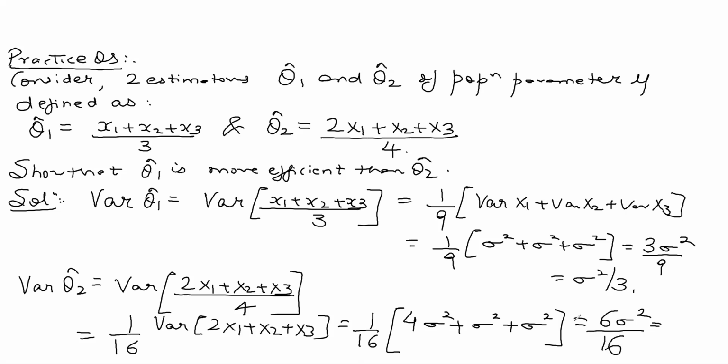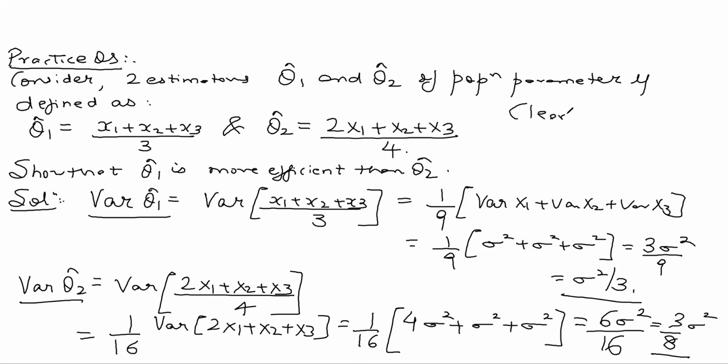And 6 sigma square by 16 I can write as 3 by 8 times sigma square. So what do we observe? We have found the variance of theta 1 hat, it has come out as sigma square by 3. Variance of theta 2 hat has come out as 3 by 8 times sigma square.